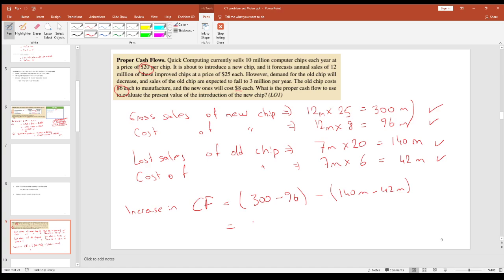The result of this will be equal to 106 million, and this is going to be an increase in cash flow due to this new chip introduction.